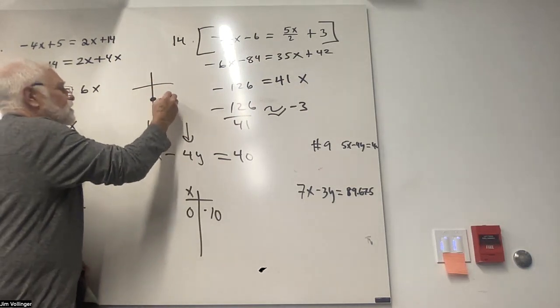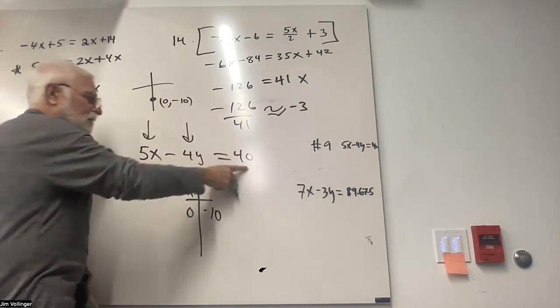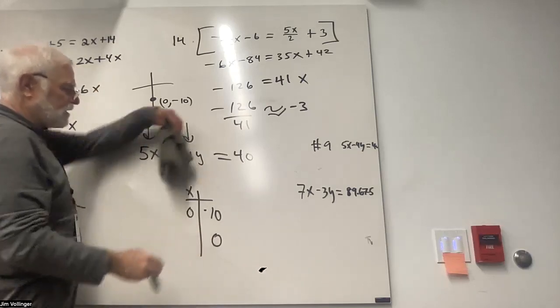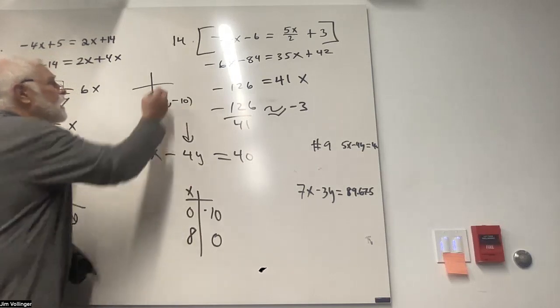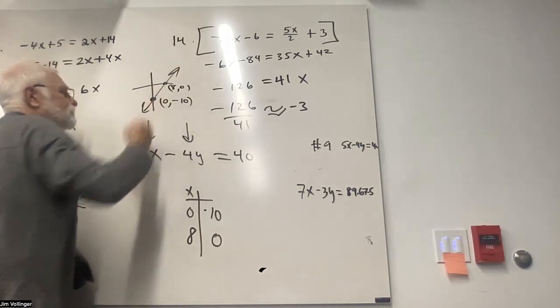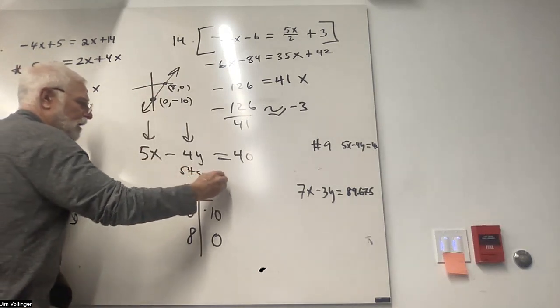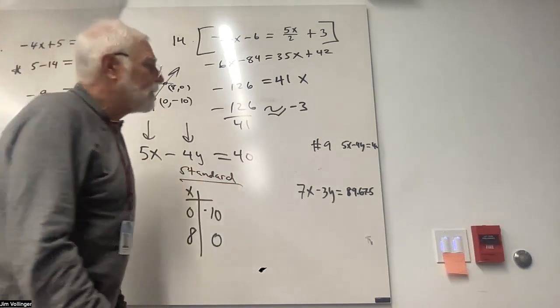I know this function is going to be going up, because as this gets bigger, this has to get bigger to remain constant. That's a product. If you put a 0 in, it's covering it up. 5 goes into 40. So where's 8, 0 might be about there. Right, there's your line. And that's called standard form. All right, we'll have no trouble with that. 4 days of practice. That should be a piece of cake.